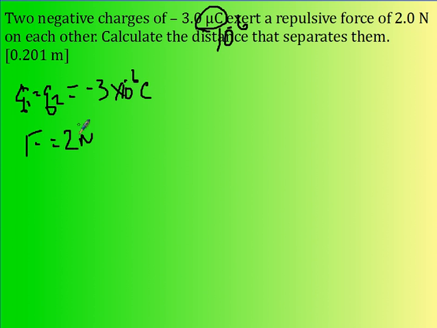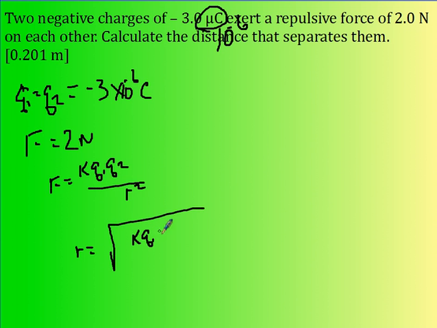Calculate the distance that separates them. Well, F is K Q1 Q2 divided by R squared. I'm going to solve this for R. So R is the square root of K Q1 Q2 divided by F. Now put your numbers in.